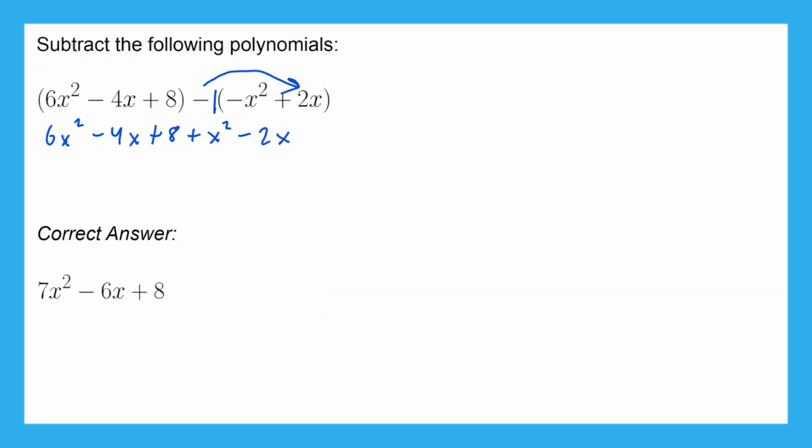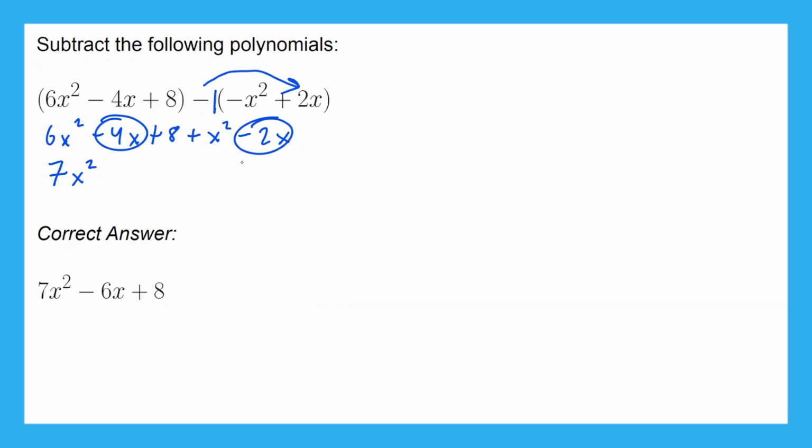Now we have gotten rid of all the parentheses, so we can just combine like terms. So 6x squared and x squared are like terms. So let's combine those. 6x squared plus 1x squared is 7x squared. And then we have negative 4x and negative 2x.